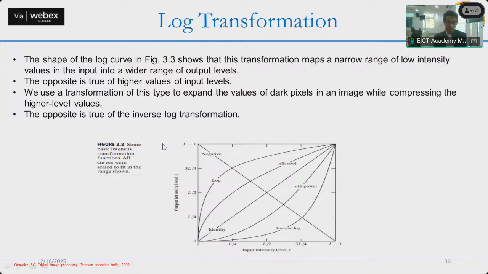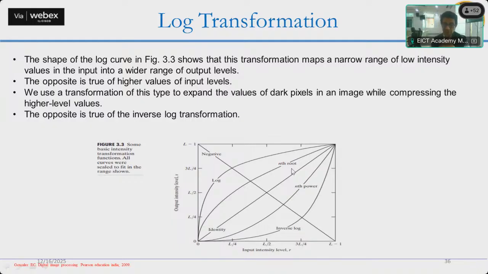We use a transformation of this type to expand the values of dark pixels in an image while compressing the higher level values. What will be the impact when you take the log value? Here it is shown that, for example, the identity is going on, the inverse log, and the log is there, that is the nth root.